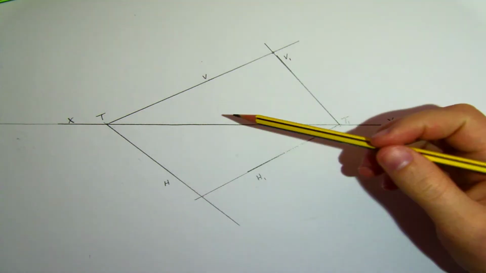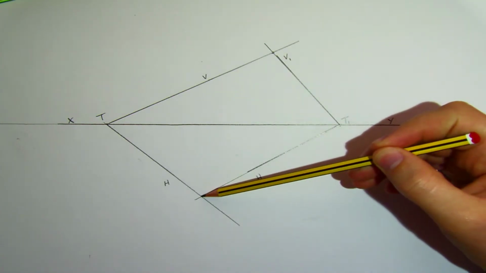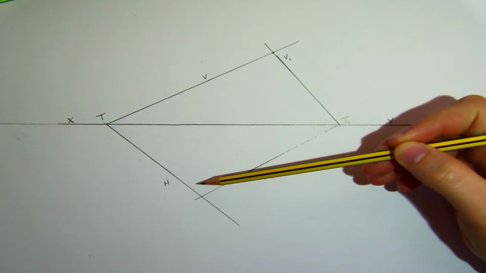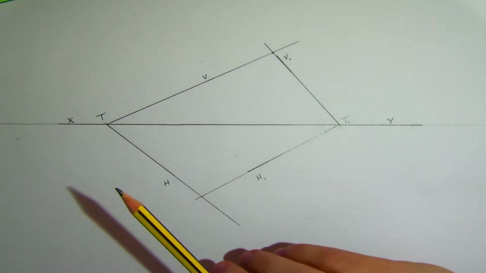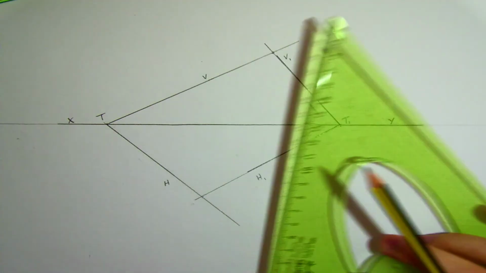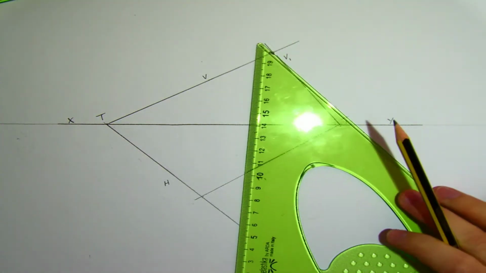If I'm to find where the line is up in the elevation, I need to find where this point is up in the elevation. As these are both traces, they're both sitting on the horizontal plane. So in the view of my elevation, that point and both those traces are going to be on the XY line.